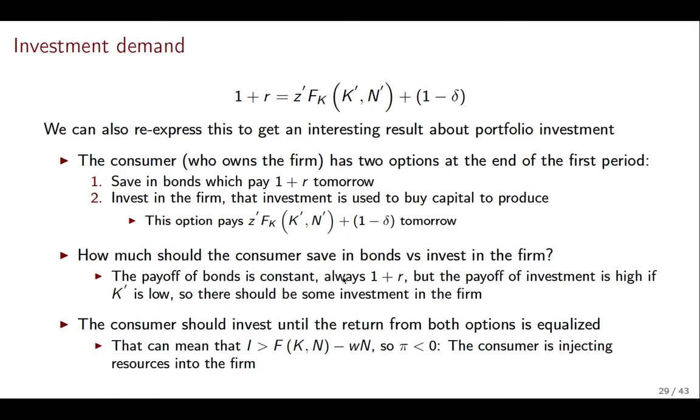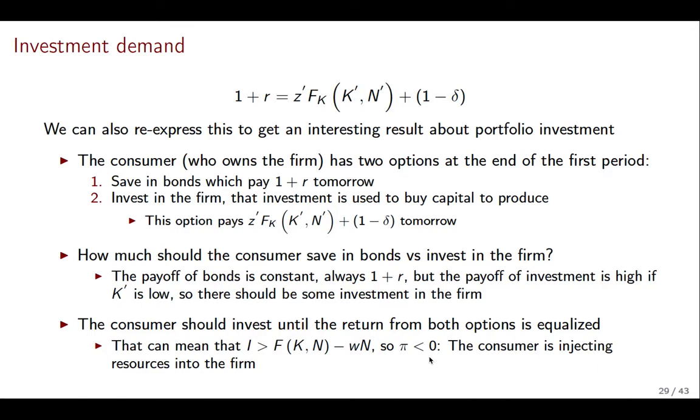Now, that can mean that the consumer might want to invest a lot in the firm. Say if Z prime is very high, the consumer might want to invest a lot. So it might be that investment is higher than the value of current profits before investment. So in that case, pi is negative. Well, that should make sense.